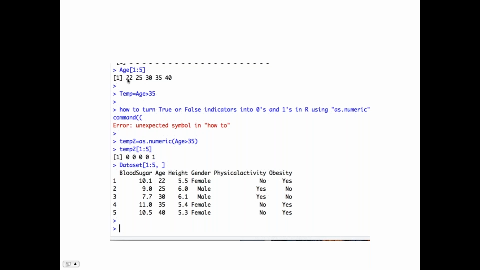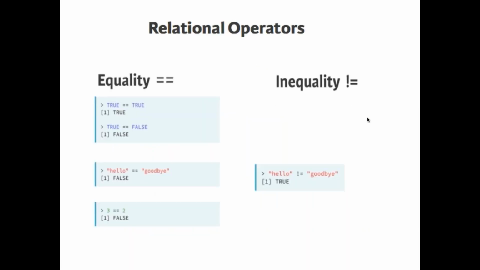It is not greater, it is not greater than 35. And it is greater here, so it's given 1. So likewise, we can use the as.numeric, as.logical, as.factor commands and convert from numeric to factor, factor to numeric, and vice versa.